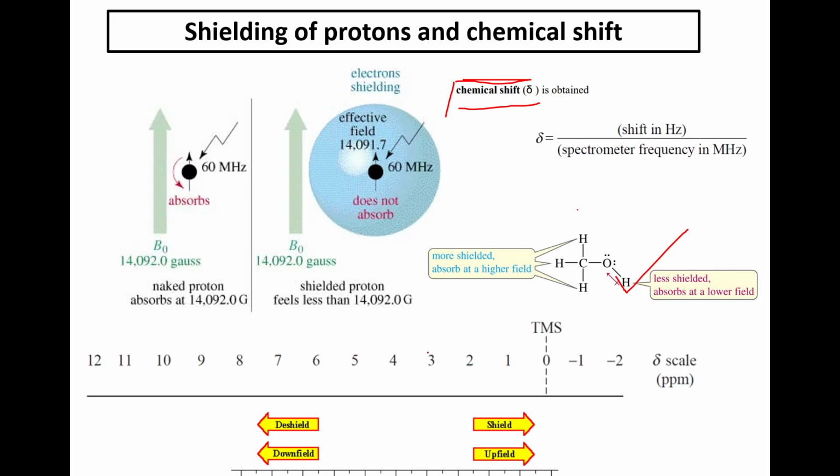So those which do not have this shielding will have a larger chemical shift, but those which are more shielded will have lesser chemical shifts.